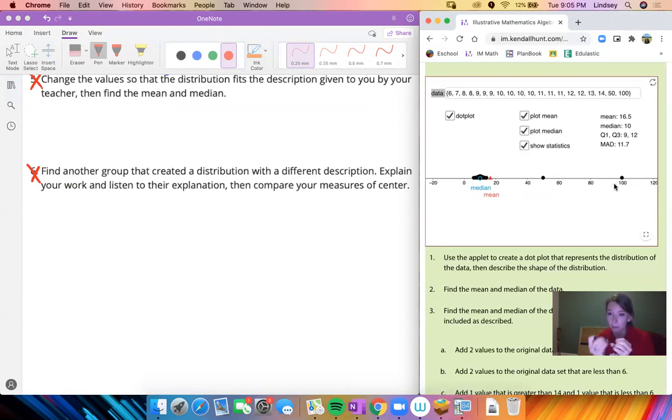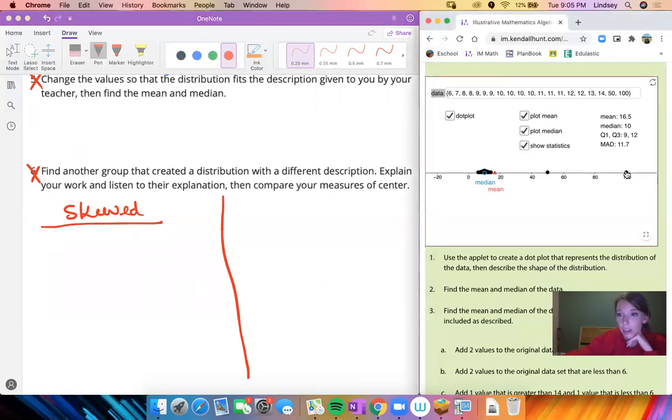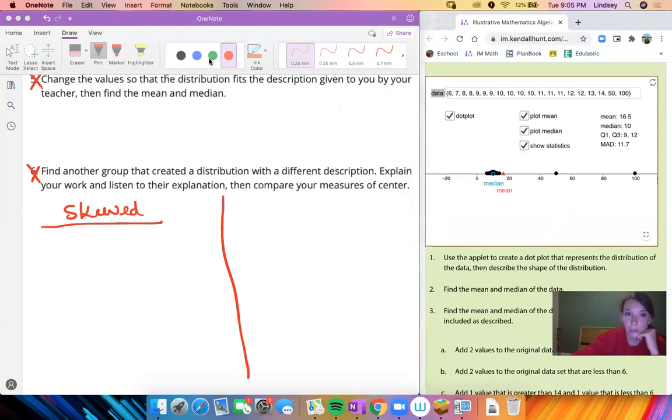It took my data from being symmetrical, like we talked about at the beginning, and when I added in those numbers over on the sides, my data became skewed. My data becomes skewed when I add in those high numbers and or low extremes. Those extreme values cause it to become skewed. And we talked about which was the only value that didn't change when my data became skewed. It was the median, right?